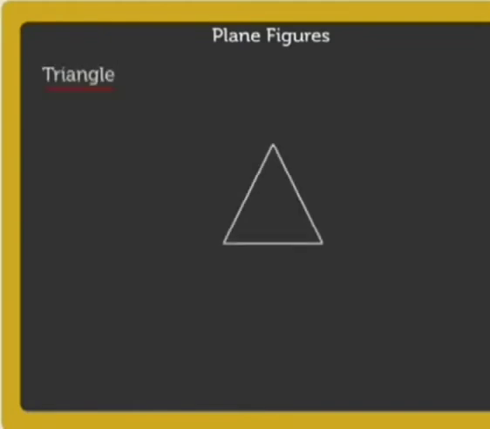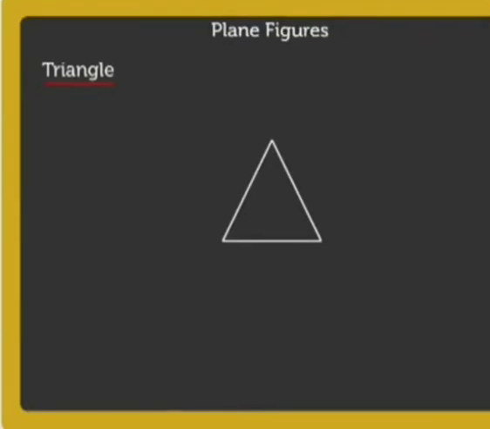So the first shape is triangle. A triangle is made up of 3 line segments. Children, can you see these blue color lines? These lines are called as line segments because they have a fixed length.